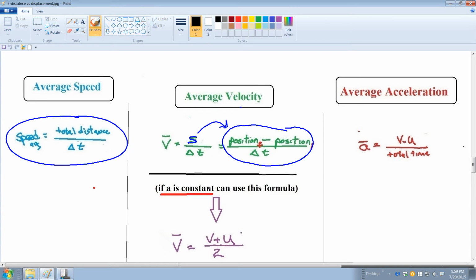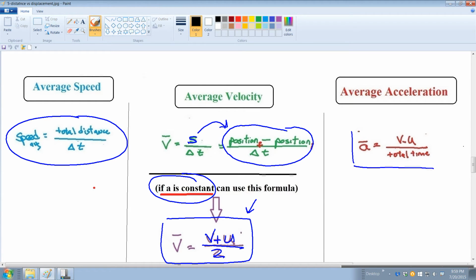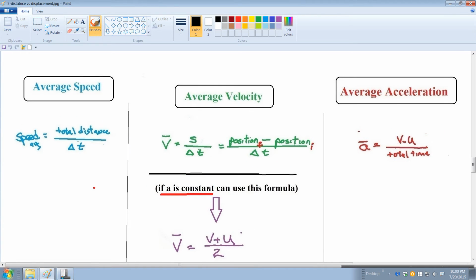Now, average velocity can also be calculated, as long as you've got constant acceleration, with this equation down here, where you take the final velocity plus the initial velocity and take the average of them. We'll look at that in a minute as to why that is. And then the average acceleration is just final velocity minus initial velocity over change in time. And we'll look at that here graphically.